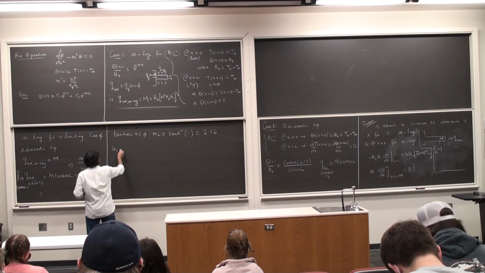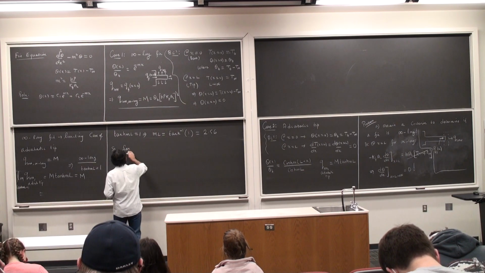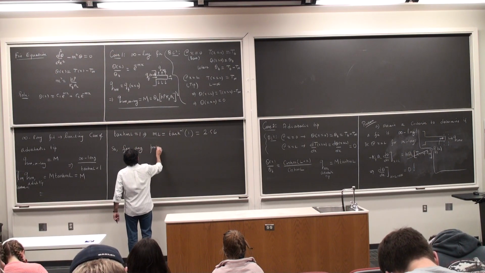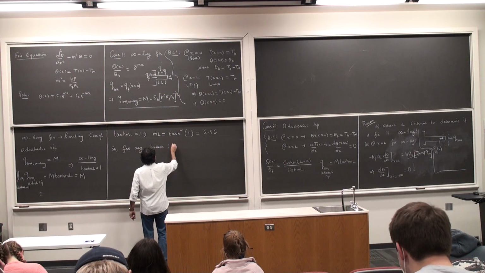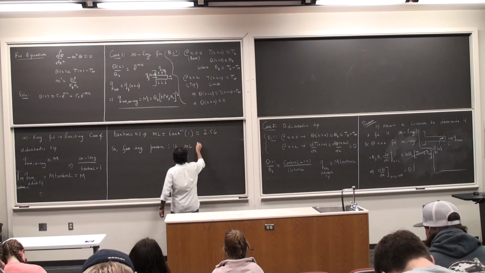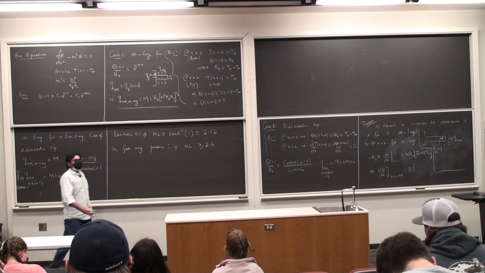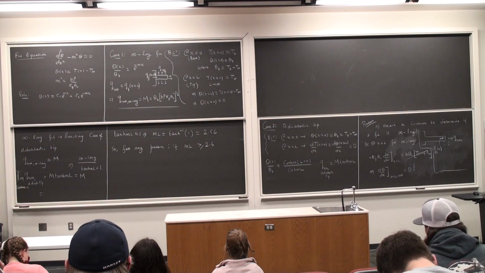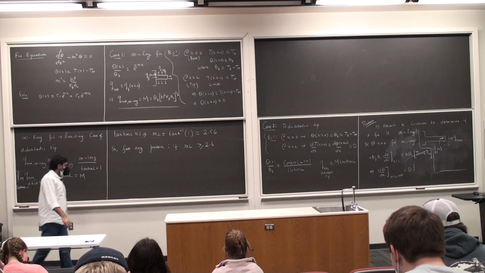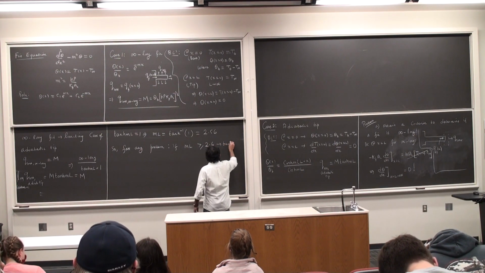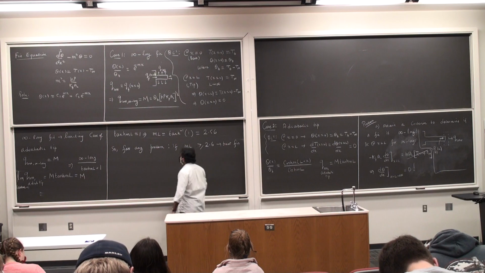So for any problem, if m times L is greater than or equal to 2.6 or greater than or equal to 3, if you want to be a little more conservative in your estimate, then you can treat the fin as infinitely long.